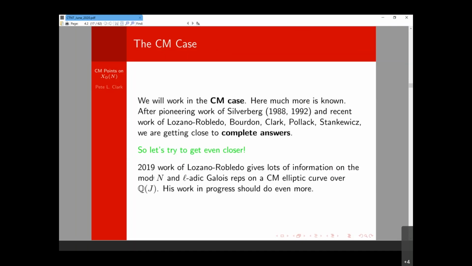That definitely tells you a lot, and it's my understanding that he has a sequel paper which should do even more. And if you had perfect information about the Galois representation of a CM elliptic curve, then in principle you would be able to answer most or all of these questions as well. So that's certainly an important perspective. But today I'm going to be talking about the modular curve perspective.